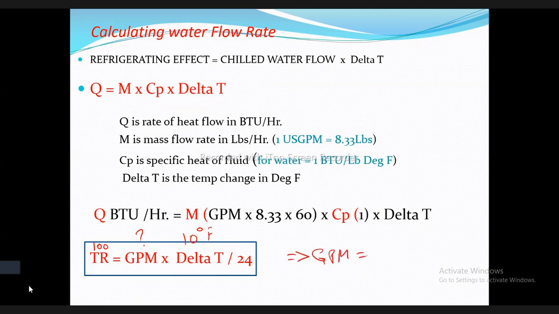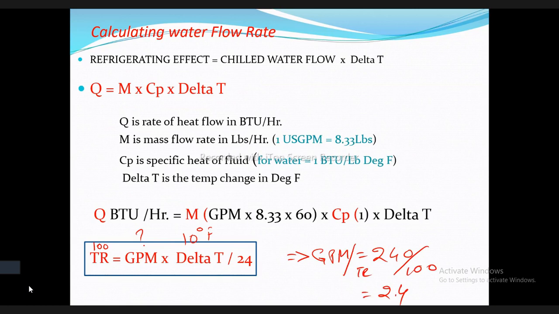Tell me. 240. 100 multiplied by 24 divided by 10, 240. Clear? So if I'm talking about GPM per TR, this divided by 100, that is 2.4. Clear?